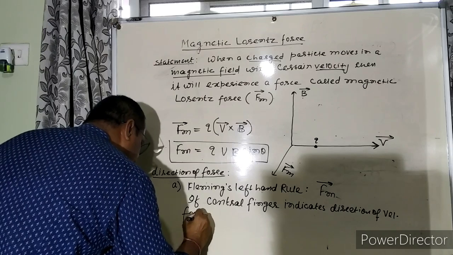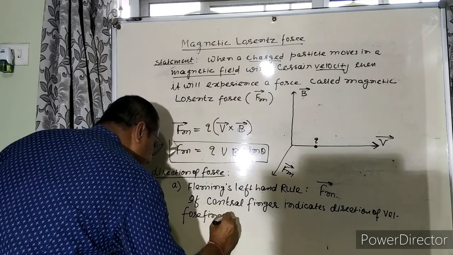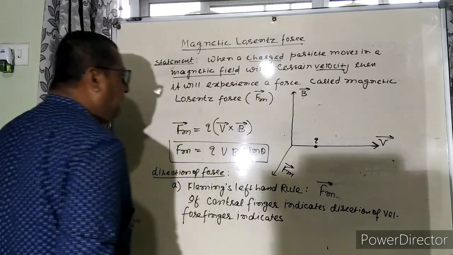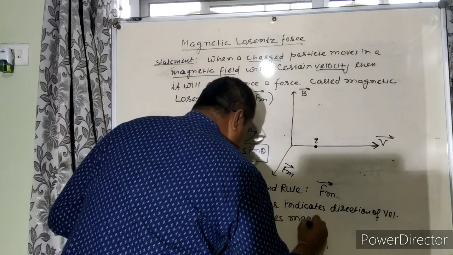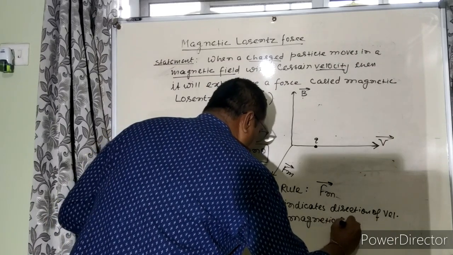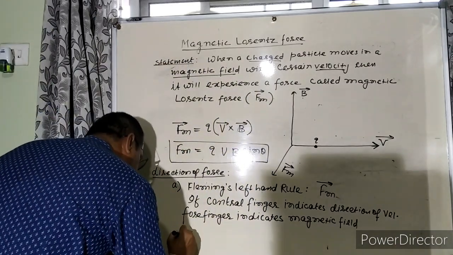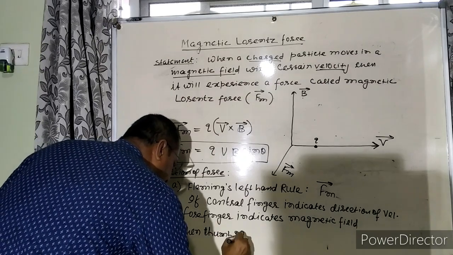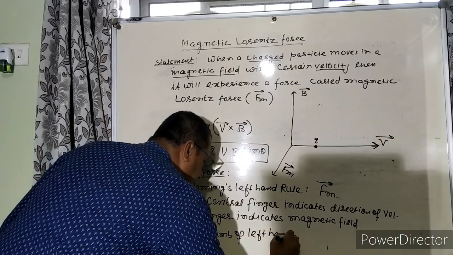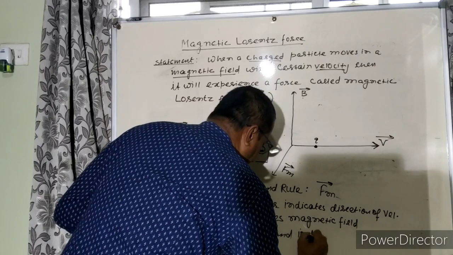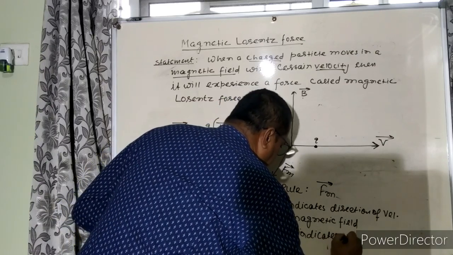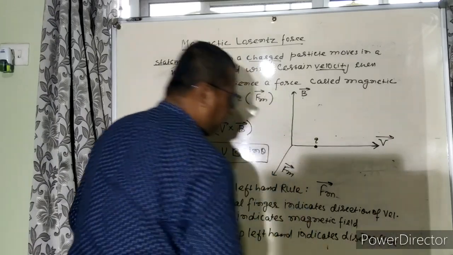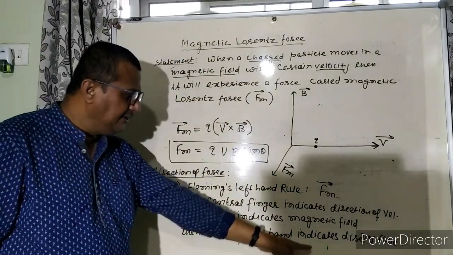So the rule is: if the central finger indicates the direction of velocity, forefinger indicates magnetic field, then the thumb of the left hand indicates the direction of force.